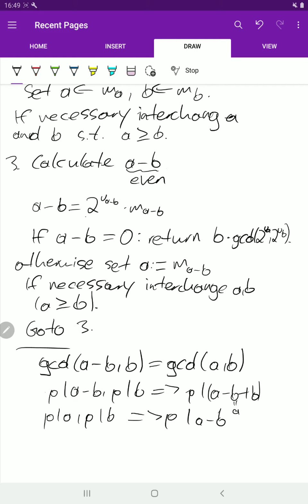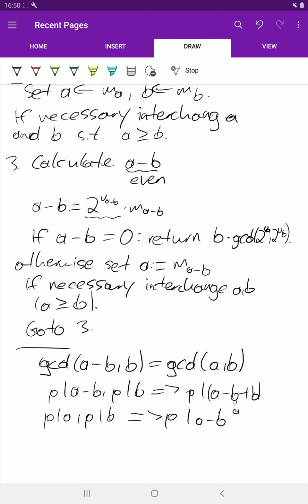And these powers of 2 are not of any concern for us, because we already know that a and b are coprime to 2. So we can just divide by these powers of 2 without changing the greatest common divisor.